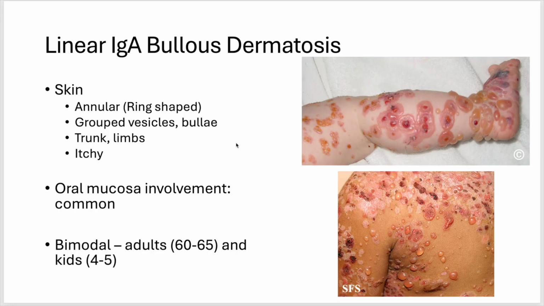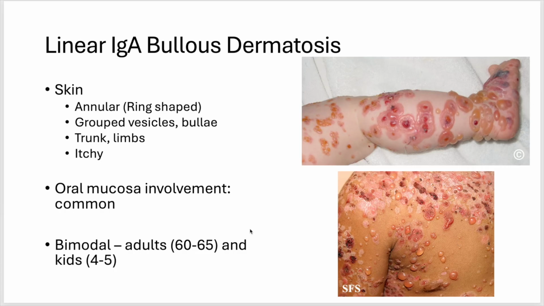Now let's talk about linear IgA bullous dermatosis, or LABD, which you can think of as the IgA counterpart of bullous pemphigoid, but with some unique features. Clinically, patients present with grouped vesicles and bullae, often forming annular or ring-like patterns, especially on the trunk or limbs. It's itchy and mucosal involvement is common, especially in adults.